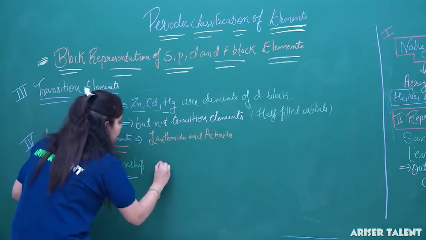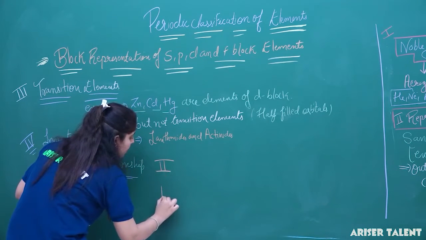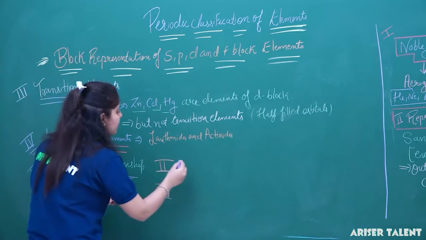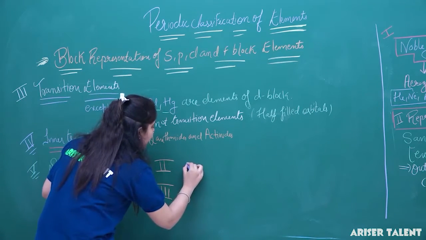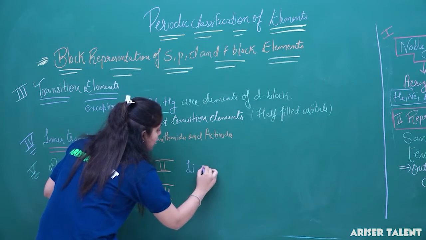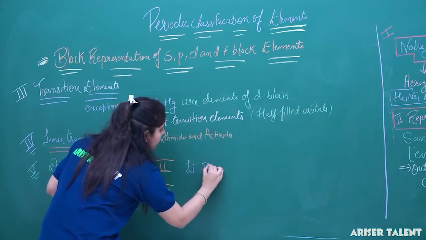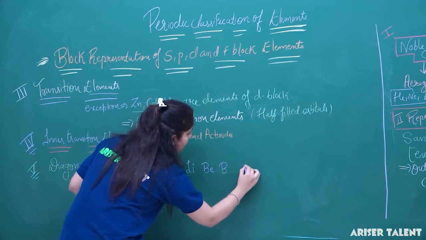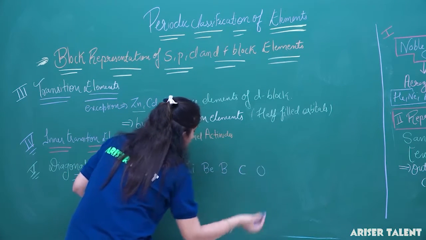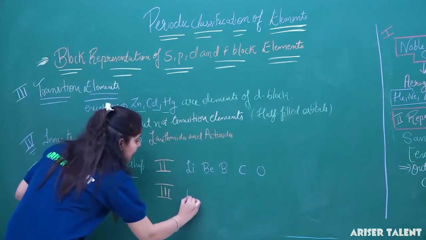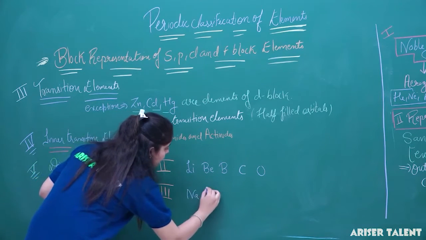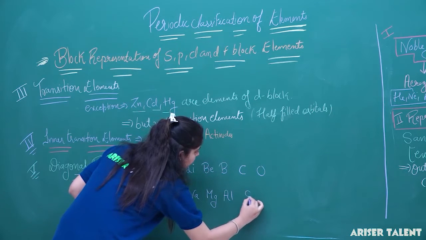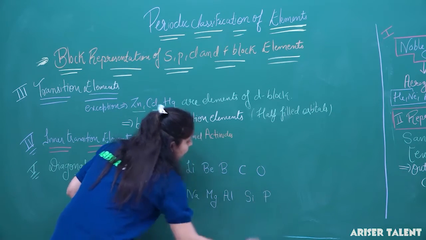So we have the second group and the third group elements, and here we will write the elements: lithium, beryllium, boron, carbon, oxygen. And the elements we have in the next are sodium, magnesium, aluminium, silicon and phosphorus.